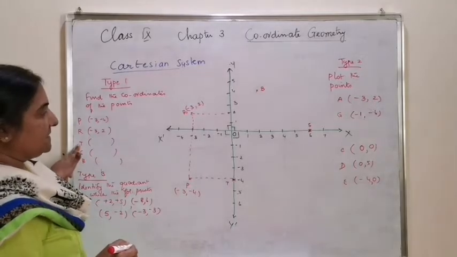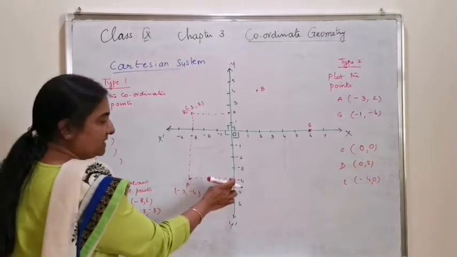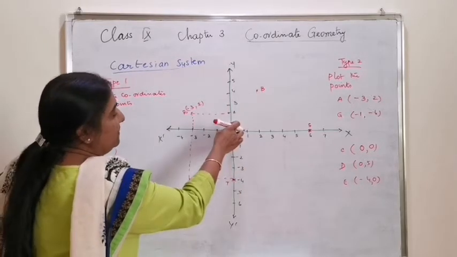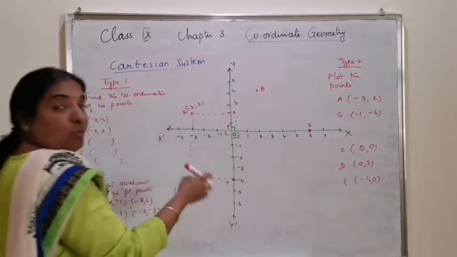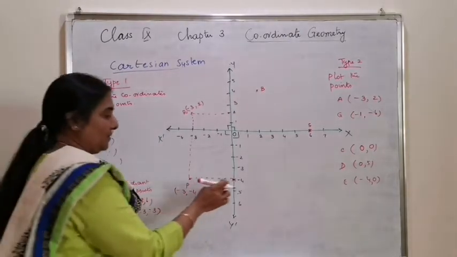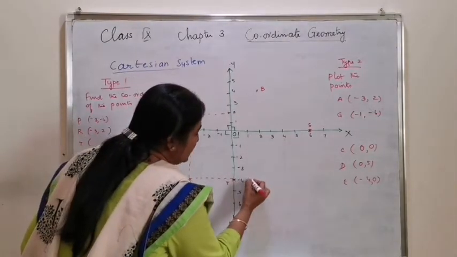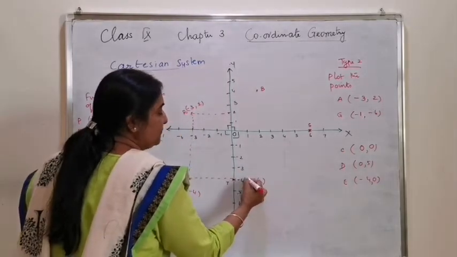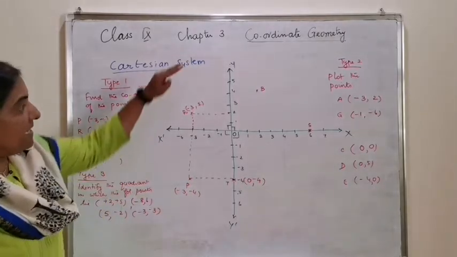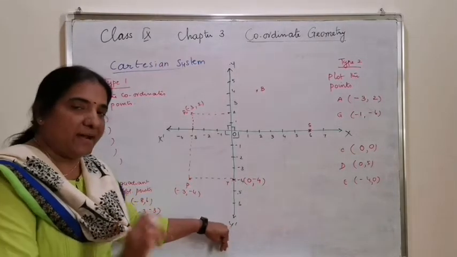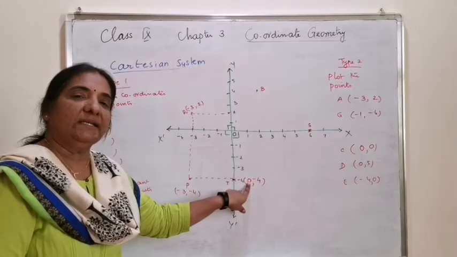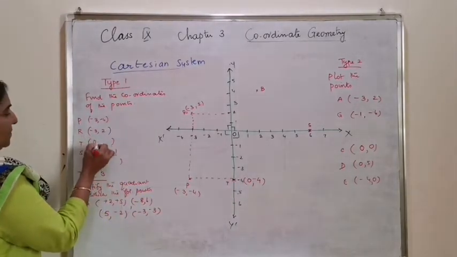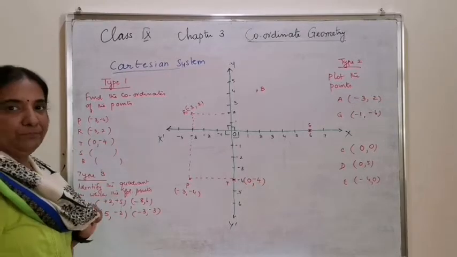Similarly, the point T, you can see here, is on the y-axis. So the x value is 0 and the y value is -4. Any point on the y-axis will have the x coordinate as 0. So the point T is (0, -4).